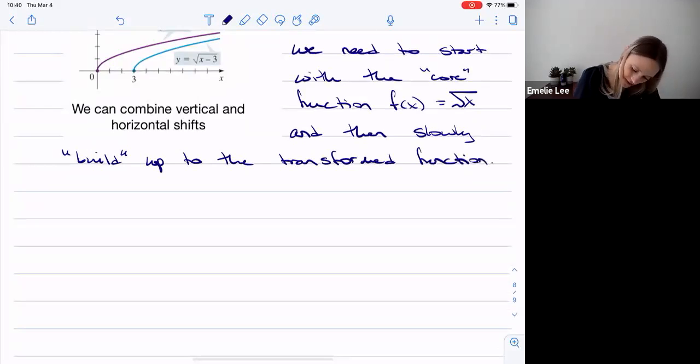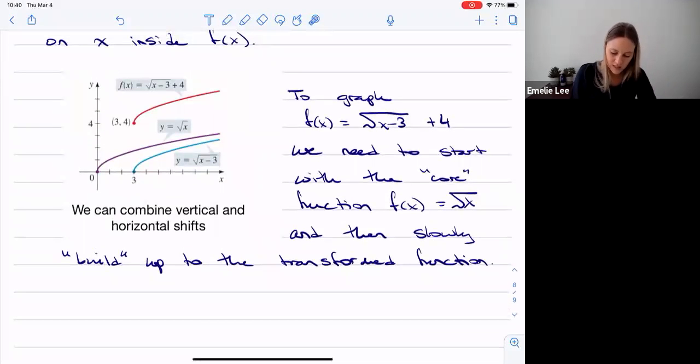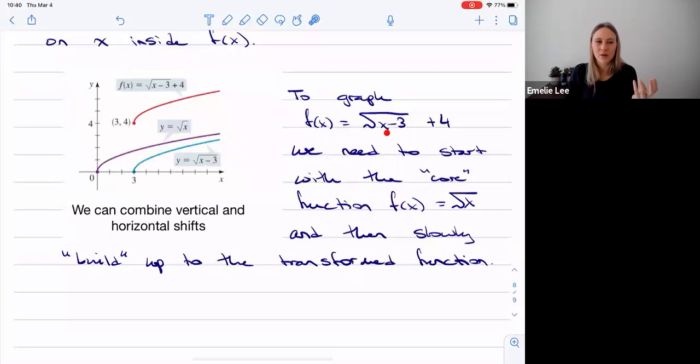But the key is to see, okay, if I want to graph this big function here, then at its core I have the square root of x, and that function has been manipulated. So now I want to build this thing out.